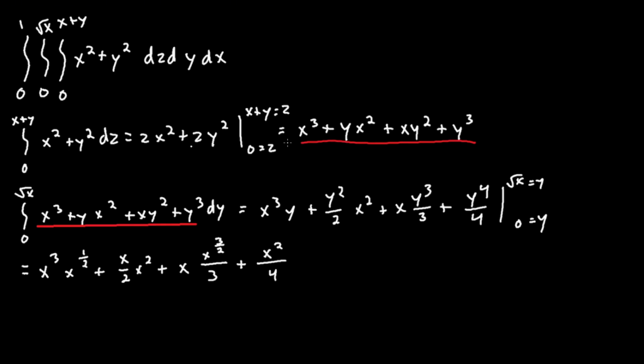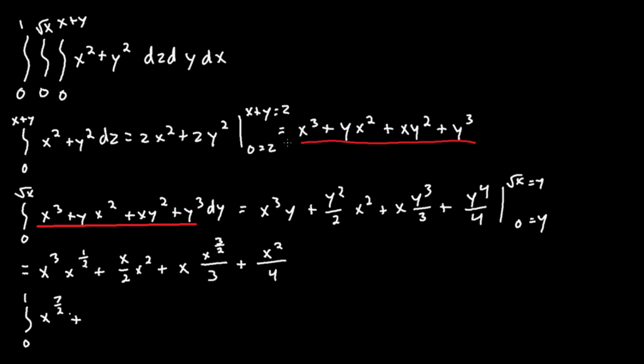So this is our new integrand. Hopefully we'll have enough space for this. If we simplify everything, you get something that looks a lot better than this. Let's try simplifying. This is x to the power of 7 over 2, because when you multiply exponents with the same base, you add the exponents together.